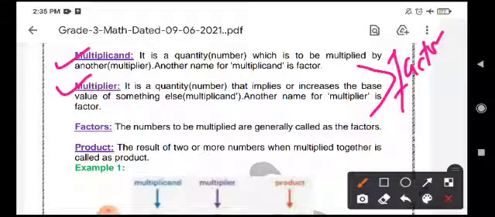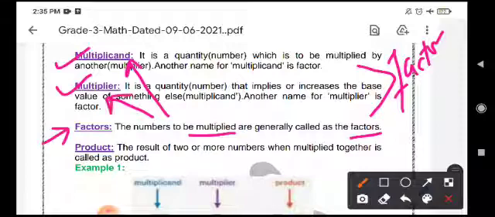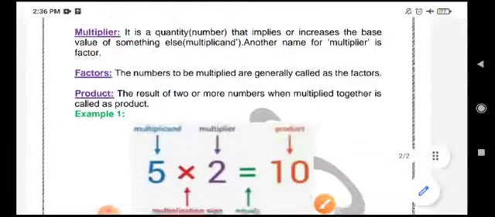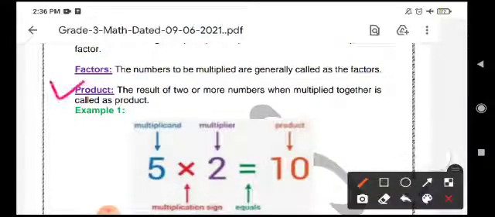Now, factors. The numbers to be multiplied are called factors. Which are the numbers? Multiplier and multiplicand. Now, what is product? The result of 2 or more numbers. You can multiply more than 2 numbers also.